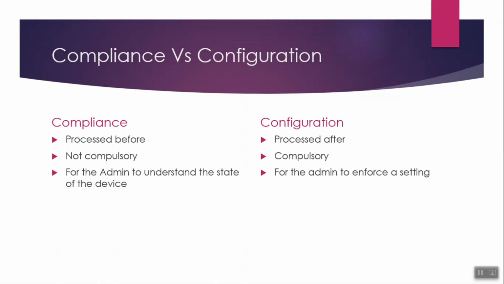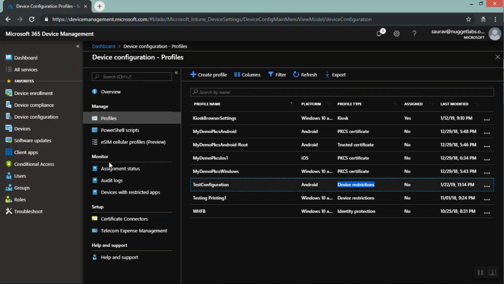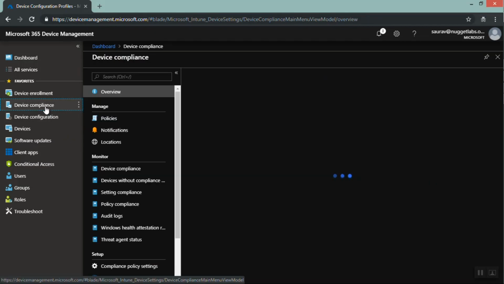If the admin wants some setting to be enforced on everybody, then it is kind of like a group policy. He would just enforce this policy on each and every person, and this is something which everybody will have to comply with. Okay, so I hope that now we have the differences between device compliance and device configuration clear.